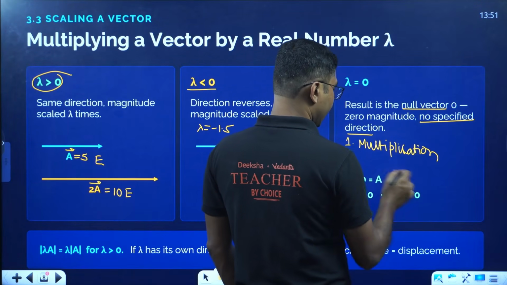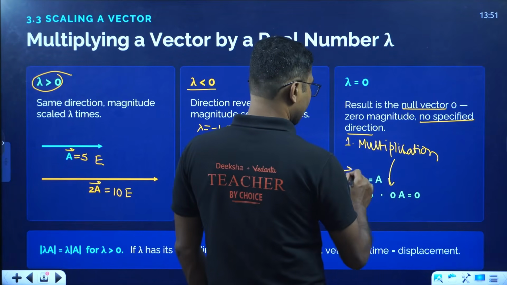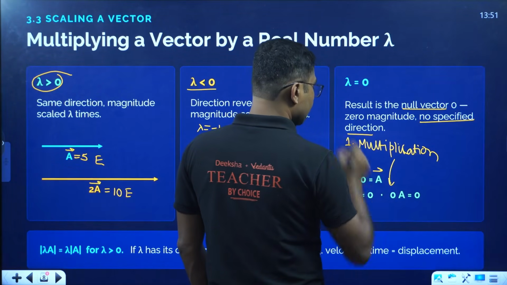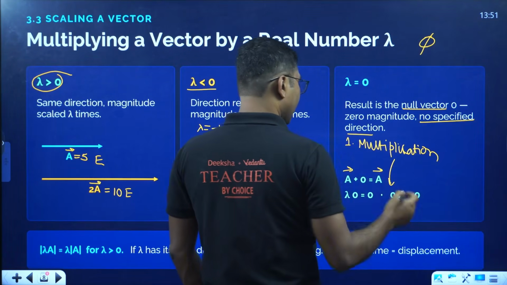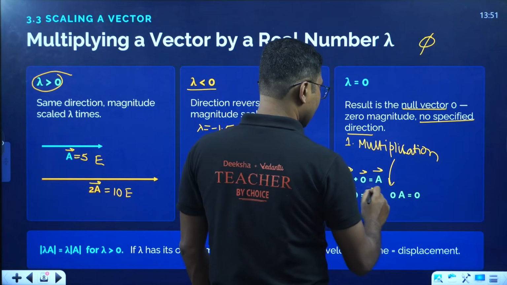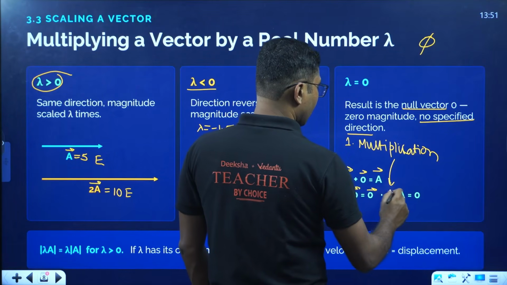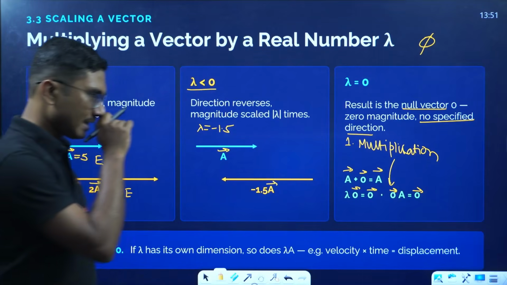You can take this example: a plus 0 is a. Some books mention null vector like this, but you can add a 0 and put a vector sign on top of that. That becomes the 0 vector.